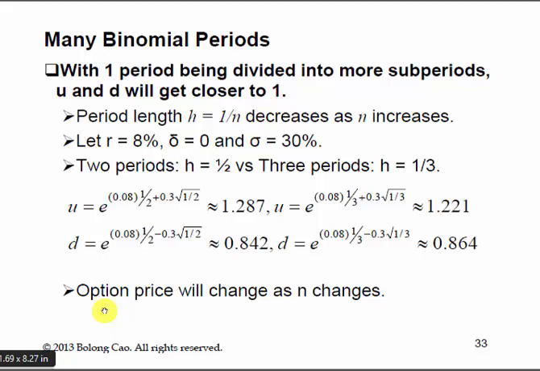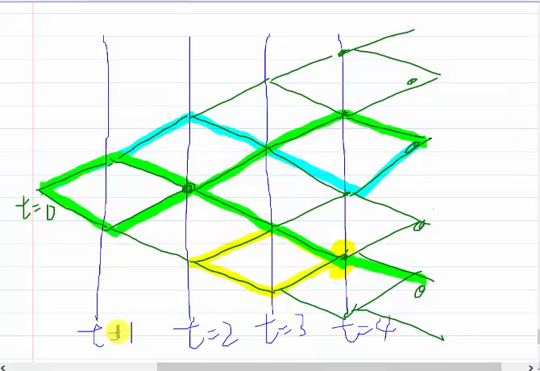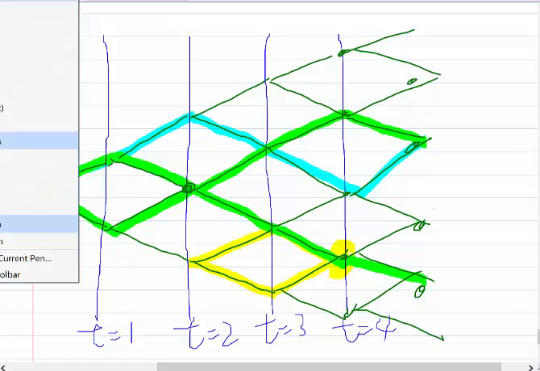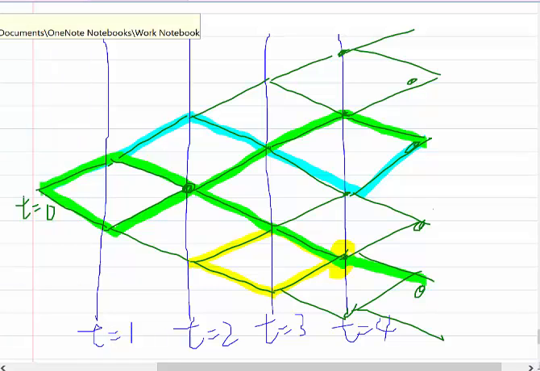Obviously, if you chop the whole period into finer and finer grids, your lattice becomes denser and denser. Let me show you what I mean by that. Let's just say you have t equals 0.